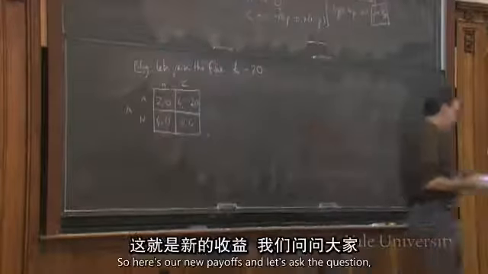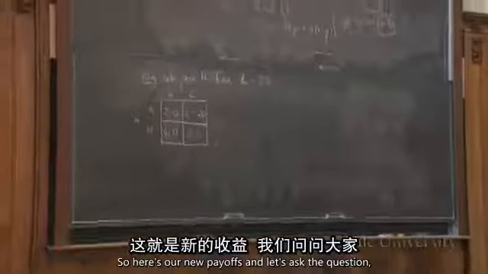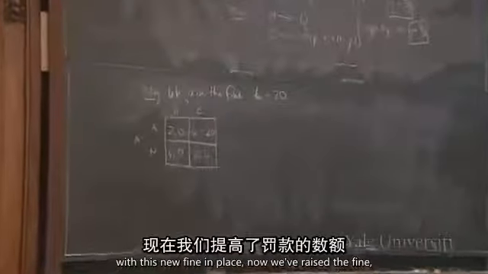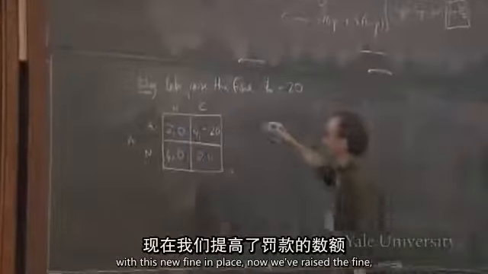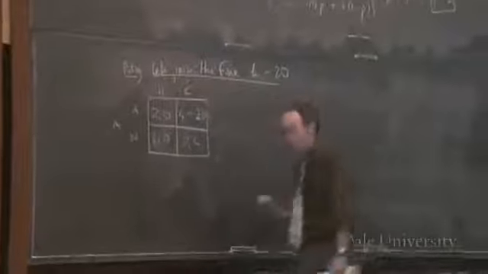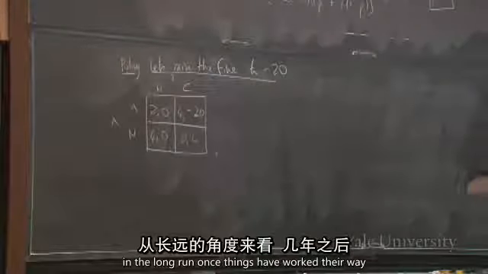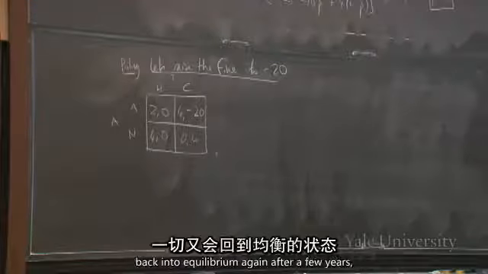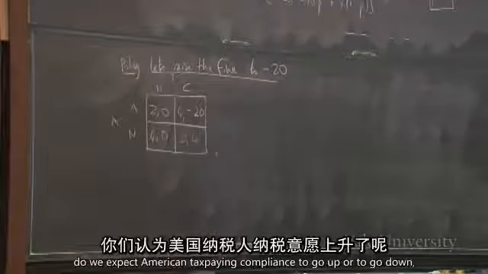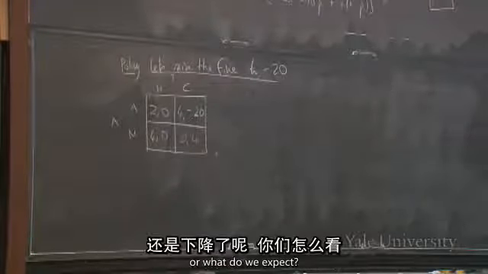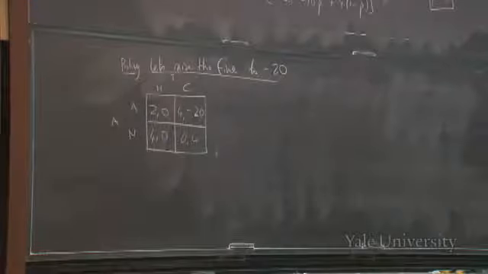All right, so here's our new payoffs, and let's ask the question, with this new fine in place, now we've raised the fine to being caught not paying your taxes, in the long run, once things have worked their way back into equilibrium again, after a few years, do we expect American tax-paying compliance to go up or to go down, or what do we expect? What do we think is going to happen?